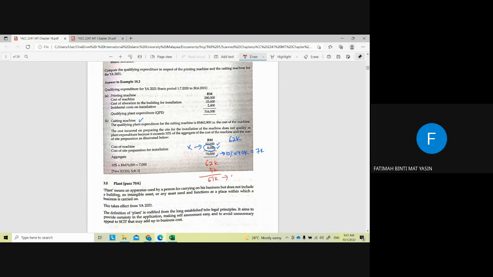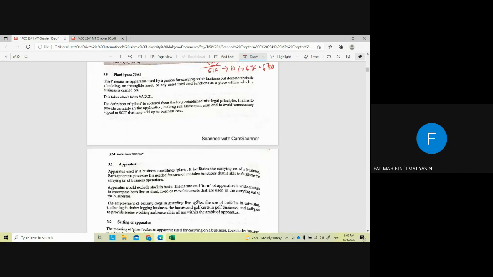If you calculate 10% of the 67,000, how much do you get? 6,700. Okay, so now is this figure that the company incurred exceeding 10% of the amount? No. Okay, so when it does not exceed 10% of the aggregate amount, the QPE for this asset in this example is 67,000, because you can consider this 5,000 as part of the QPE. Okay, understand? Hopefully you understand that.